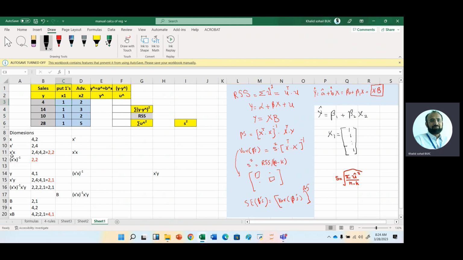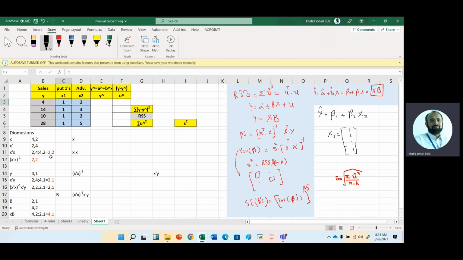Now, if we want to multiply X transpose by X, the dimension of X transpose is 2 by 4 and X's dimension is 4 by 2. As the number of columns of the first matrix is equal to the number of rows of the second matrix, the resultant matrix will be 2 by 2.